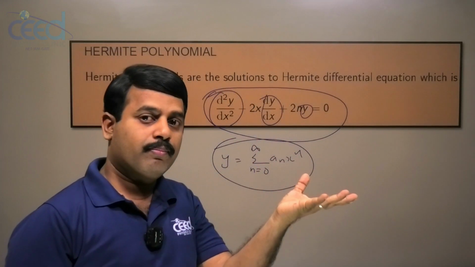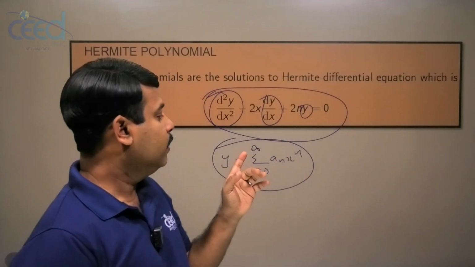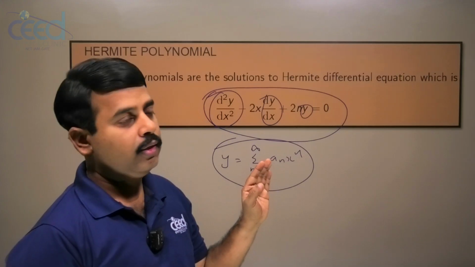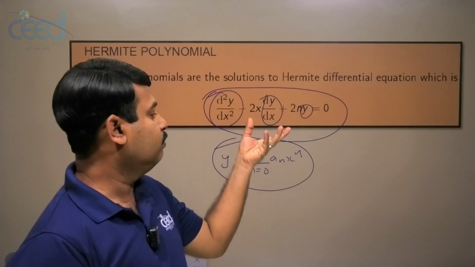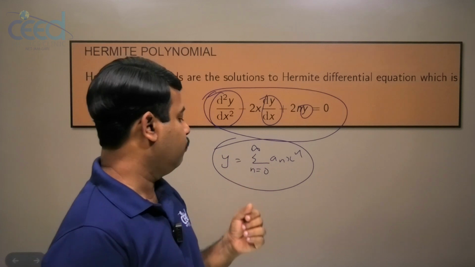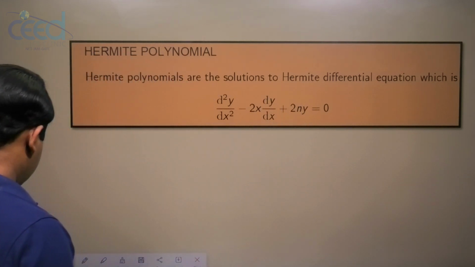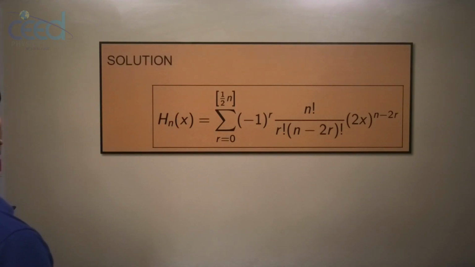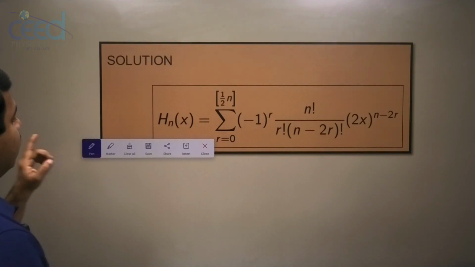That method we already saw in the previous class, so I am not going to explain it, we go directly to the solution. Using the series solution method, if you solve this differential equation, you get the solution like this. This is the series solution.